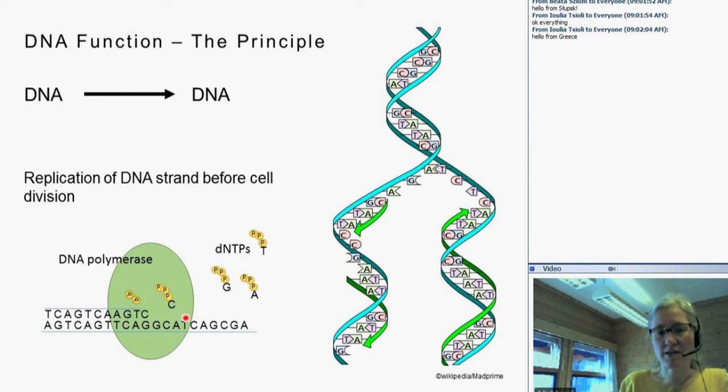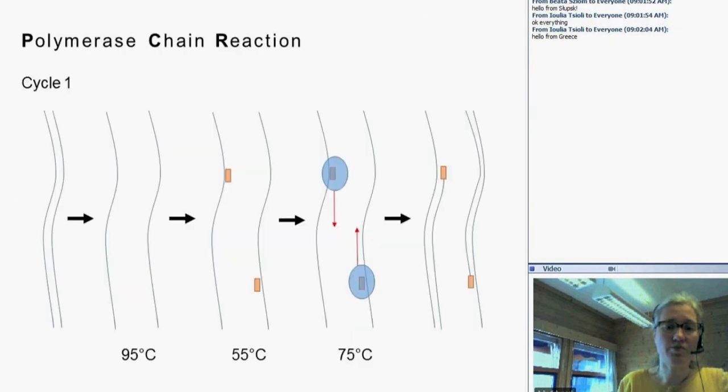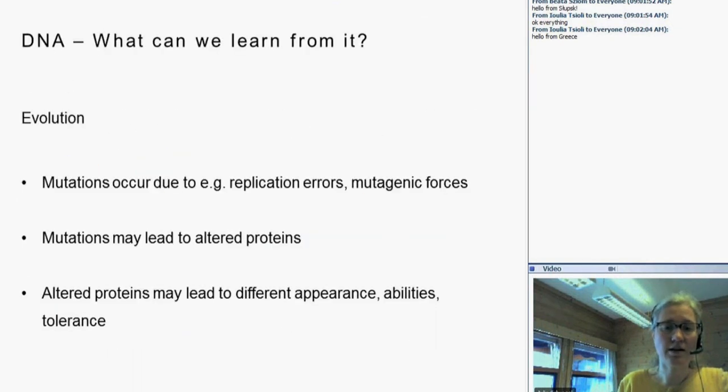You can easily imagine that sometimes, not very often, but sometimes there is a mistake happening, that instead of a C that is supposed to attach here, there happens something that instead a G is attached or an A is attached. It can happen just because of these mistakes in the replication process, or when something is broken and the DNA gets repaired, that suddenly this code is altered.